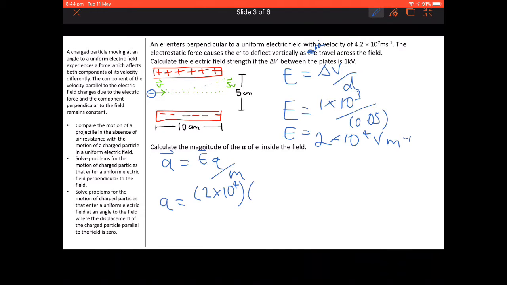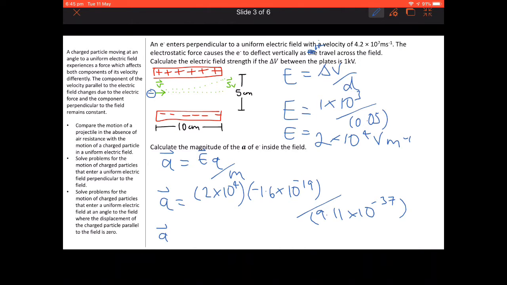Then our charge of the electron is going to be negative 1.6 × 10^-19, and our mass is going to be 9.11 × 10^-31, because that's the mass of an electron.